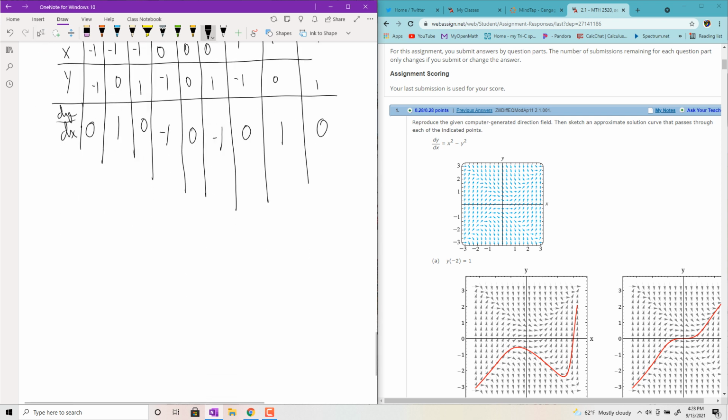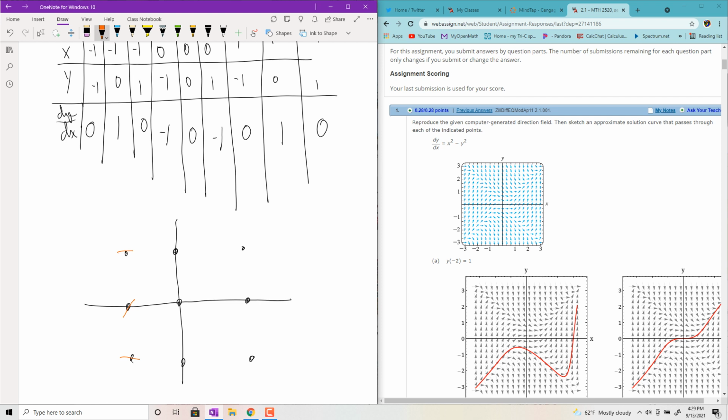Okay, and you should be able to plot the little tick marks that represent the slopes of the tangent line to the solution curves going through those particular points. So -1, -1, the slope is 0. Let's put it in a different color. 0, and then up 1 over 1, and then 0.